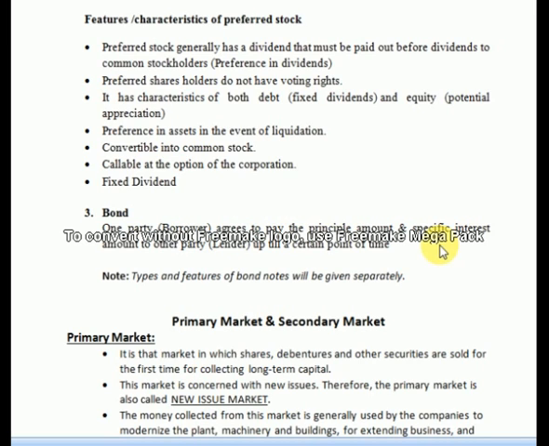So a bond is a fixed income instrument that represents a loan made by an investor to a borrower, and typically the borrower may be corporations or sometimes governments. So a bond could be an instrument or a security between the lenders and borrowers.